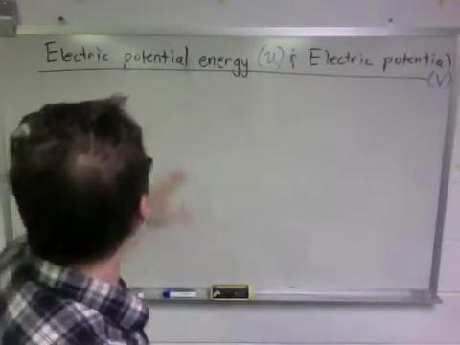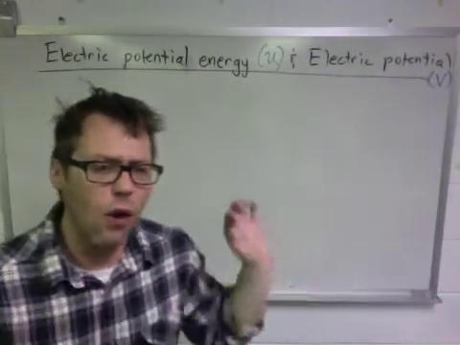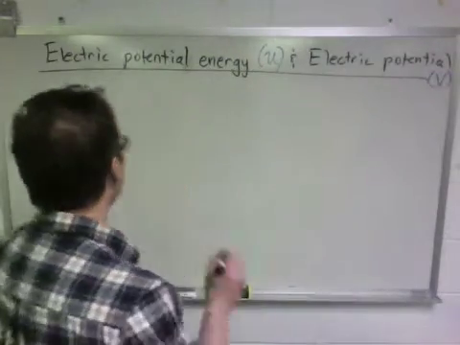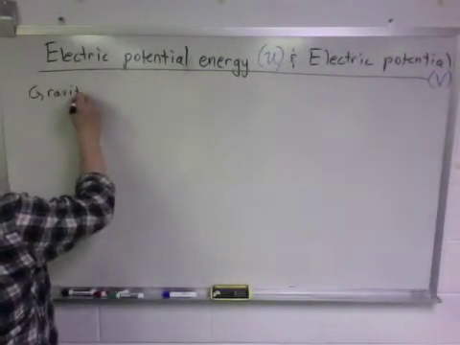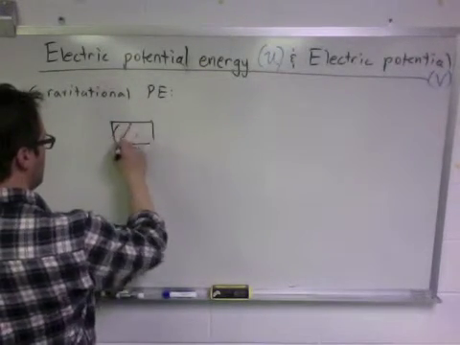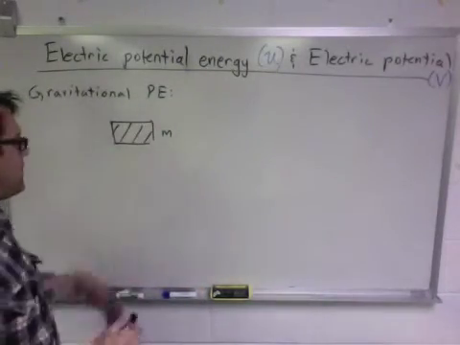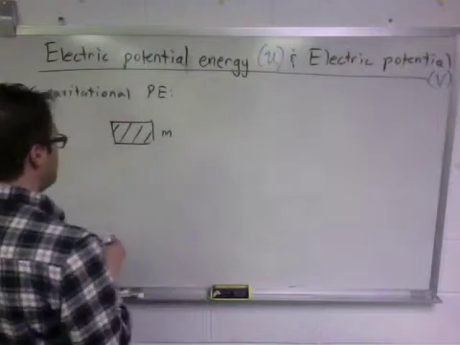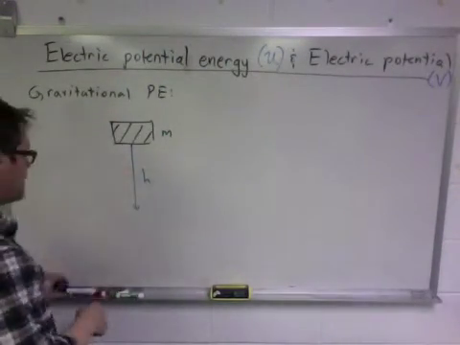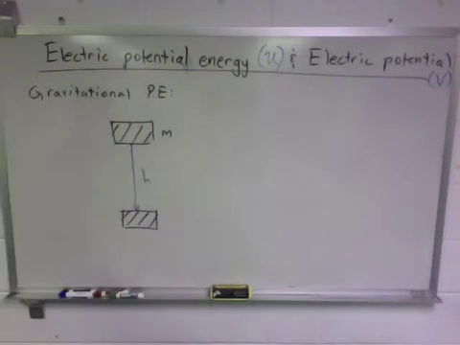But before I actually talk about these forms of potential and potential energy, I want to revisit an old form, the one that you talked about a lot in 105, which was gravitational potential energy. If you have a box, and it has some mass, call it m, and you have it lifted a certain height, h, above the ground, and then you allow that object to descend through that vertical distance h.